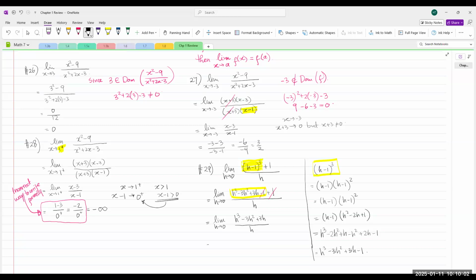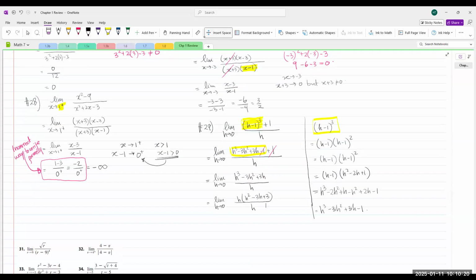And guess what we do next? We have h only on the denominator, right? But on the top, it seems like we can factor the h out. Let's do that. Remember, h equals 0 is not in the domain of this function, right?